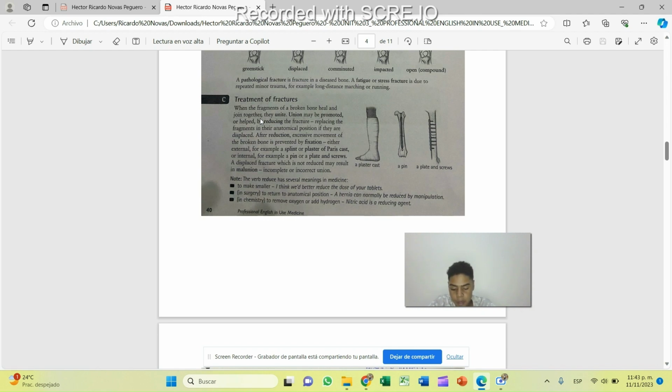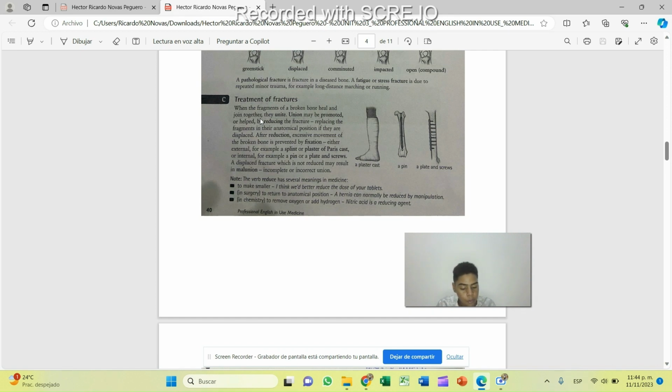C. Treatment of fracture. When the fragments of a broken bone are held together, they unite. Union may be promoted or helped by reducing the fracture, replacing the fragments in their anatomical position if they are displaced.